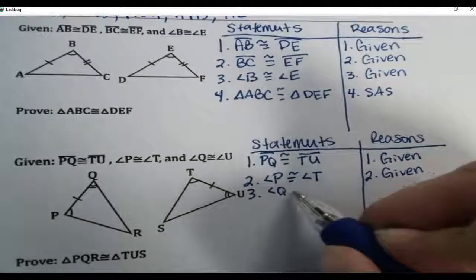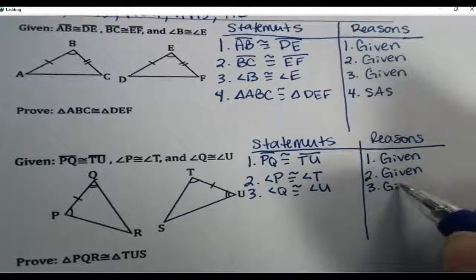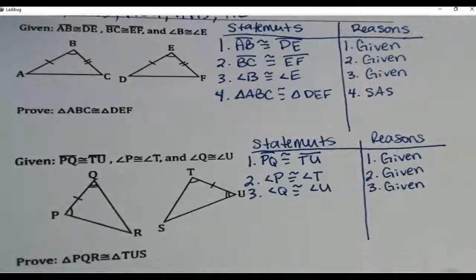And angle Q is congruent to angle U. So, based on these three things, do I have enough to assume congruence?